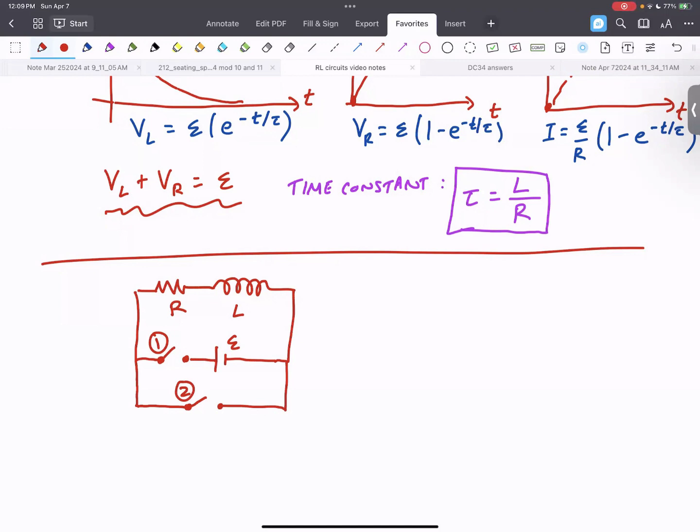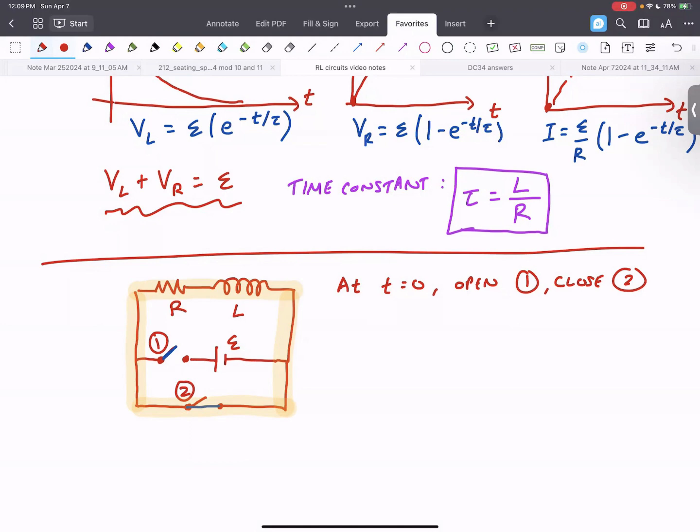So what I'm going to do at my new t equals 0 is open switch 1 and close switch 2. So I end up with 1 open and 2 closed. It's essentially as if that middle EMF is no longer attached, and I just have an inductor and a resistor in series with themselves.